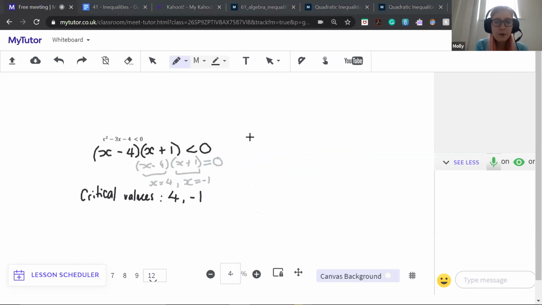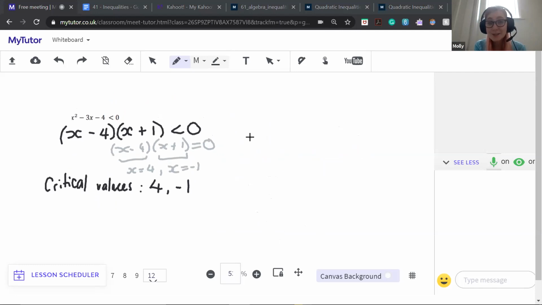So what we're going to do now is our favorite thing to do, and we're going to sketch this quadratic. Now, obviously, this is not just an x squared graph, so we can't just sketch it as we were before. But, and this is the bit that's super, super useful, those critical values tell us where it crosses the x-axis.